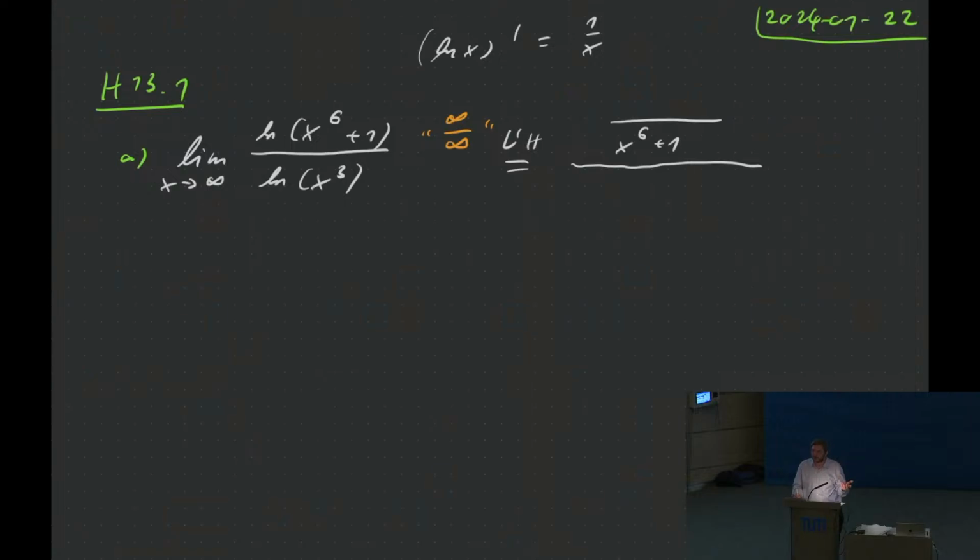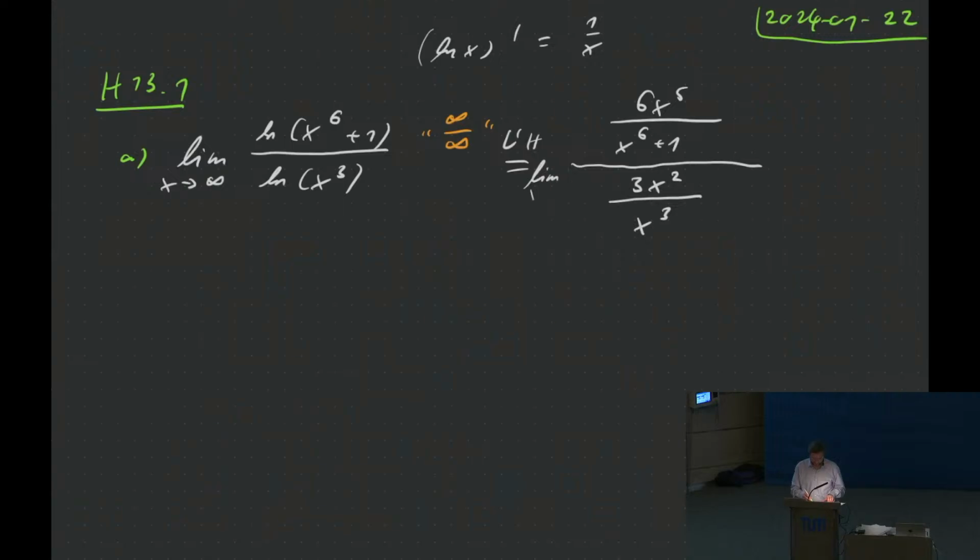And then we have to multiply with the derivative of the argument. So the derivative of x to the power of 6 plus 1 is 6x to the power of 5. And similarly for the denominator, 1 over x to the power of 3, and then we multiply by 3x squared.